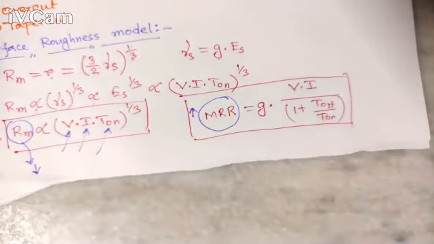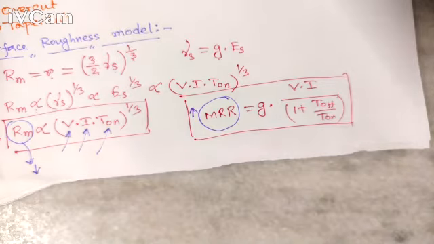That means the smoothness of the surface should be good and the material removal rate should be good. Surface roughness and surface smoothness are opposite to each other, so surface roughness has to be minimized and MRR has to be maximized.